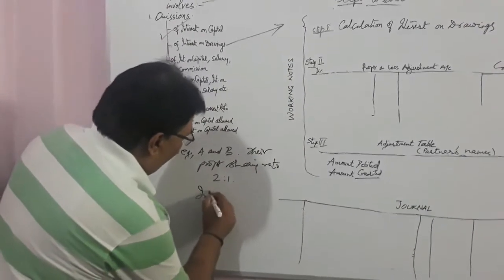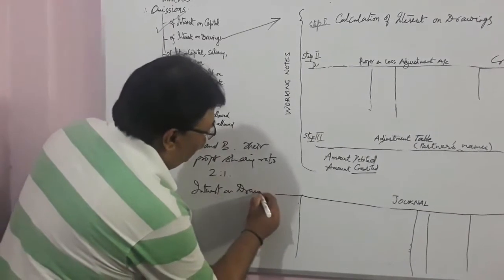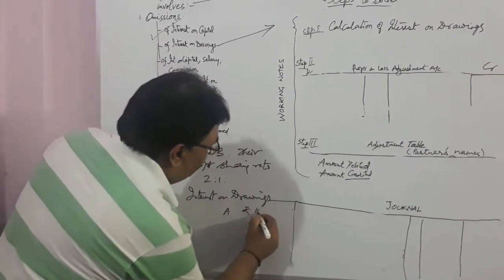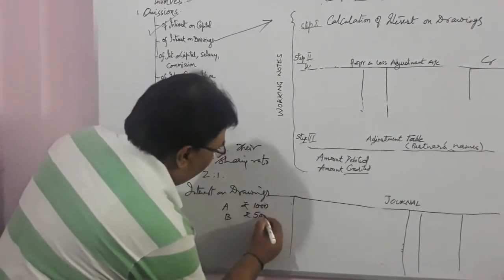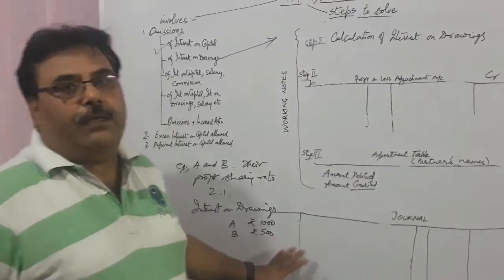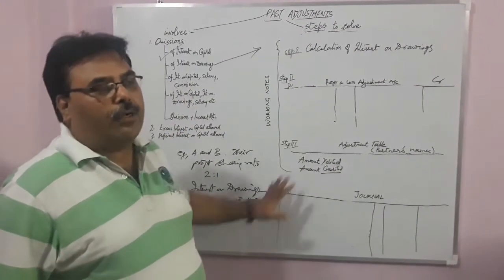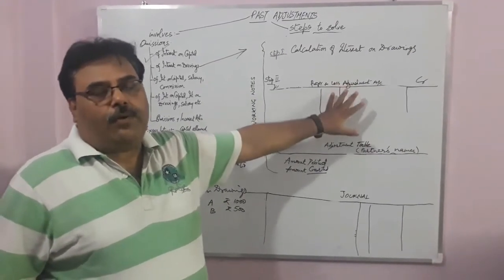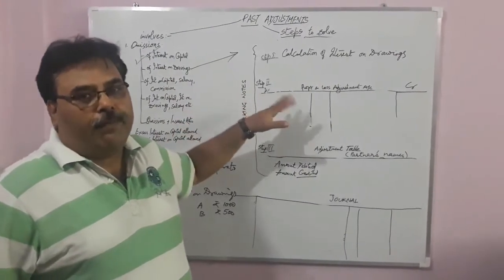Their interest on drawings were for A rupees 1000 and for B rupees 500, but at the end of the year it was discovered that interest on drawings were not shown in the P&L appropriation account by the accountant. Now we have to rectify the problem.